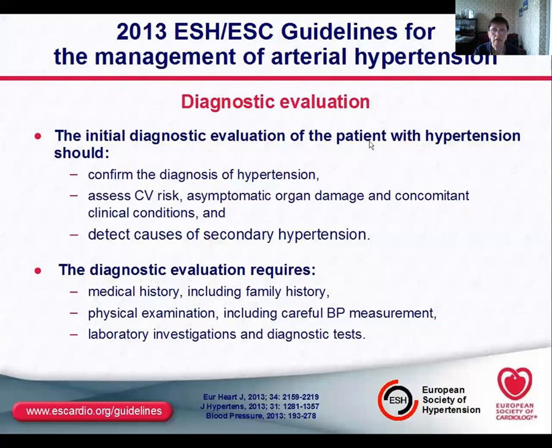And what we need to do for diagnostic evaluation of hypertension. At the initial examination, first of all, we need to confirm the diagnosis of hypertension. Then we assess the cardiovascular risk, the organ damage, and concomitant clinical conditions. And we should differentiate if the hypertension is essential or secondary.